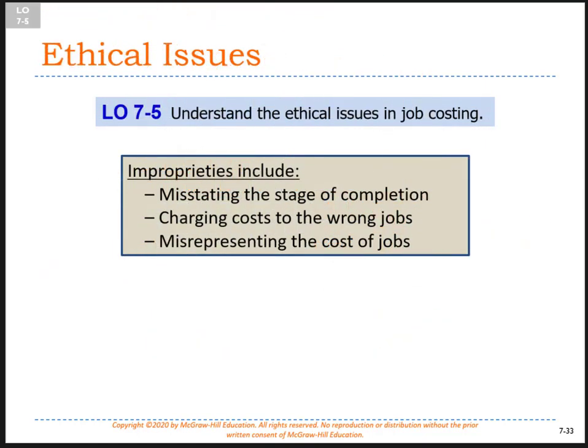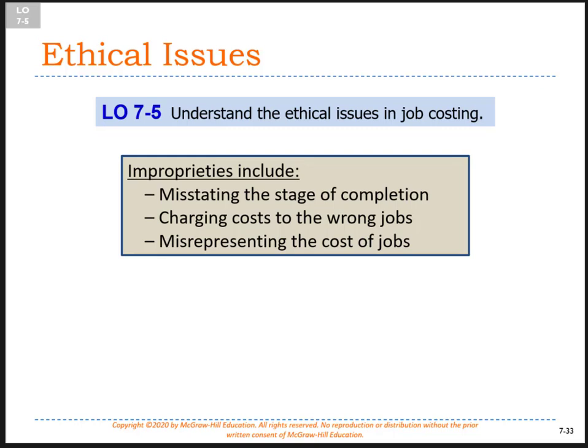What ethical issues might you run into with job costing? I would say the biggest one here is, the stage of completion is probably not a big deal, okay? But charging costs to the wrong jobs, typically to make you look better as a manager. If you can get costs that should have been for your job charged to a different job, then you're going to look more profitable and more effective.